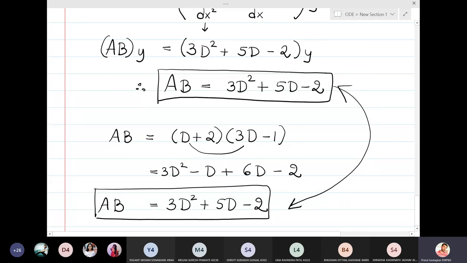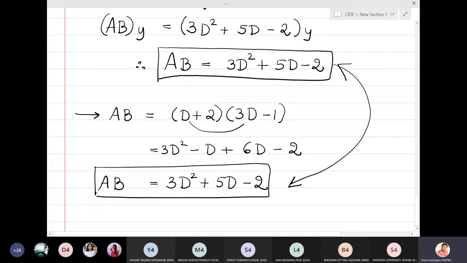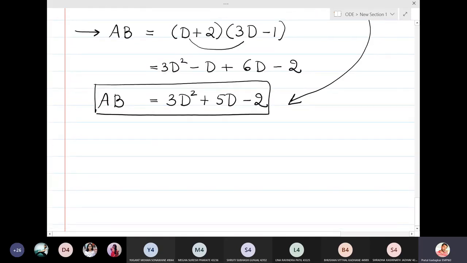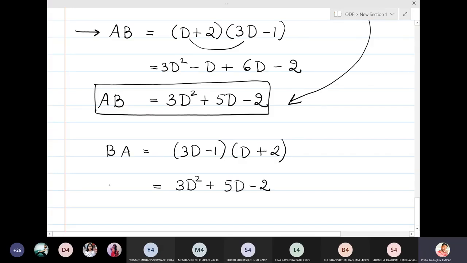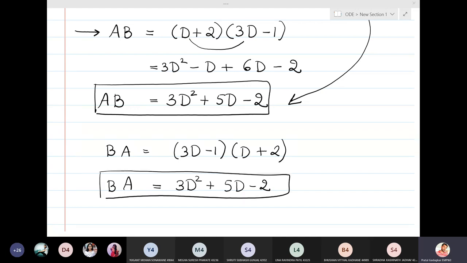So this second part that I showed you is much simpler, faster and easier to do. And therefore if I want to calculate BA, I understand that if I multiply 3D minus 1 by D plus 2, and again do the same calculation, I will get the same 3D square plus 5D minus 2.